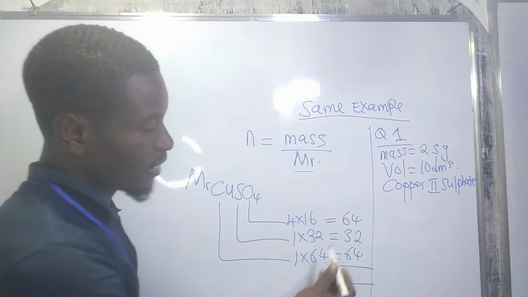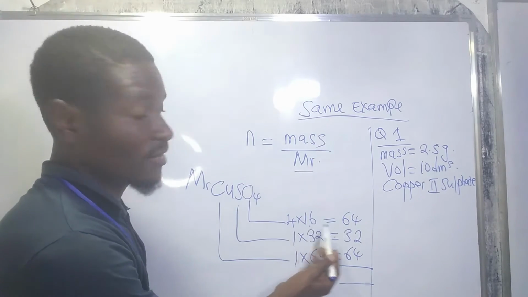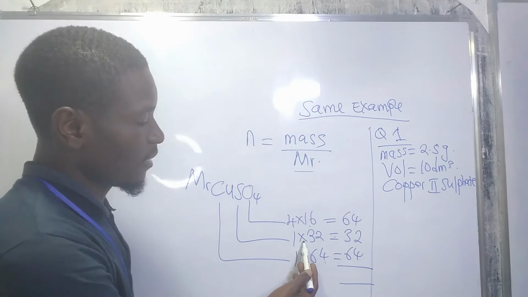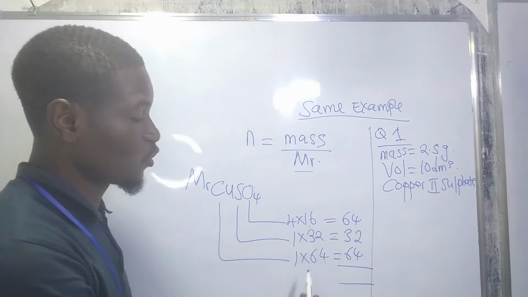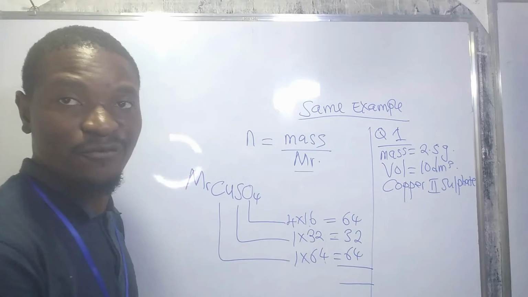Now after you do that, 4 by 16 you get 64, and then 1 by 32 you get 32, then 1 by 64 you get 64.